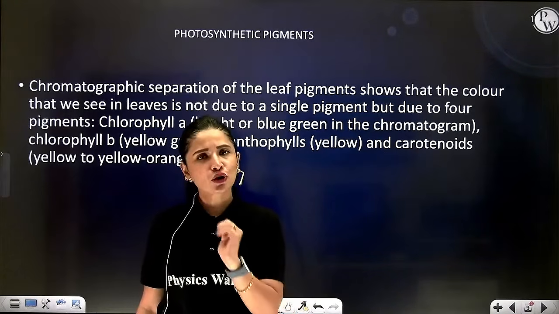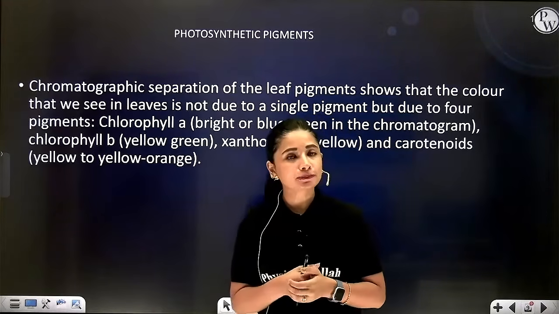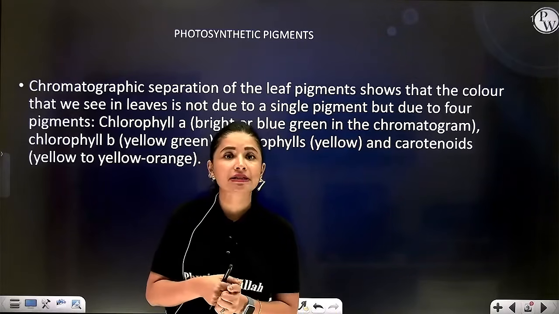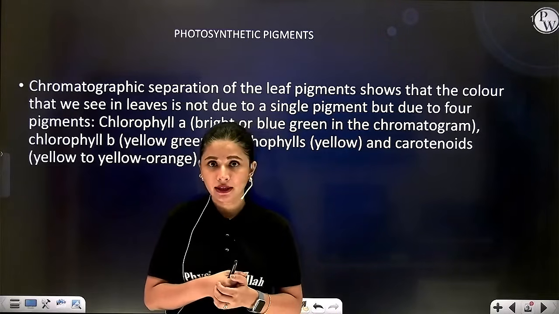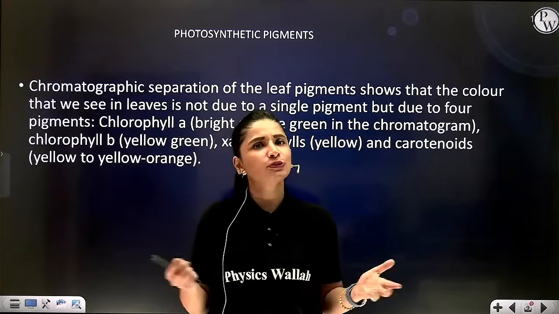Correct? So to understand the types of photosynthetic pigments, scientists performed different experiments, and one successful experiment is paper chromatography, which you can also perform in your schools. I hope you all must have performed it.